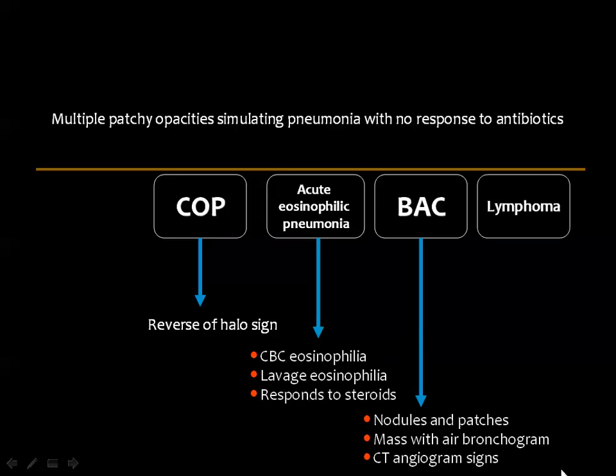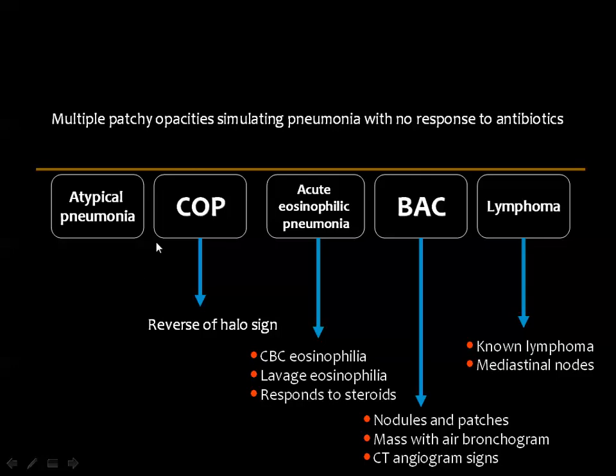Patients with lymphoma may present with patches simulating pneumonia with failure to respond to antibiotics. If the patient is known to have lymphoma, this will help. If the patient has mediastinal lymph nodes, this will help. Patients with atypical pneumonia, like pneumonia of fungal etiology or TB etiology, or patients with alveolar sarcoid, which is a type that results in patches in the lung simulating pneumonias, are not associated with lymphadenopathy and not associated with perilymphatic spread.